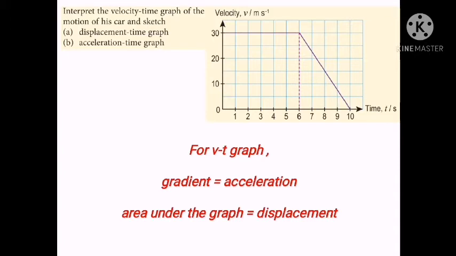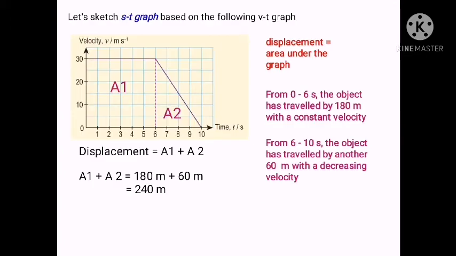Now, for the VT graph, remember, the gradient represents acceleration and the area under the graph represents displacement. So now let's sketch the ST graph based on the VT graph.